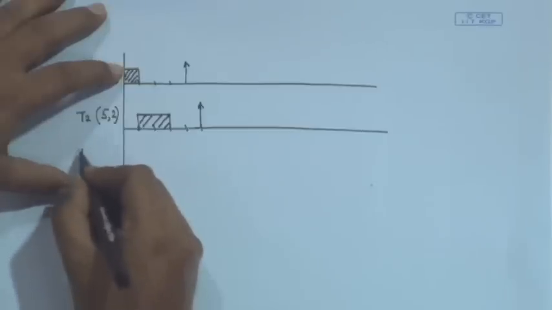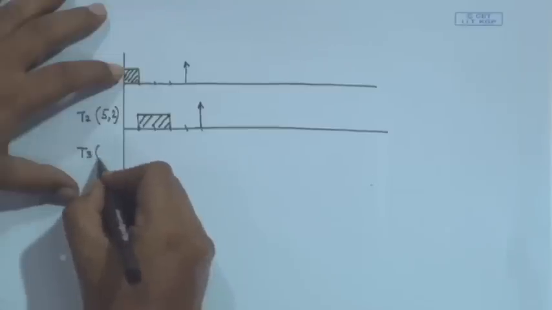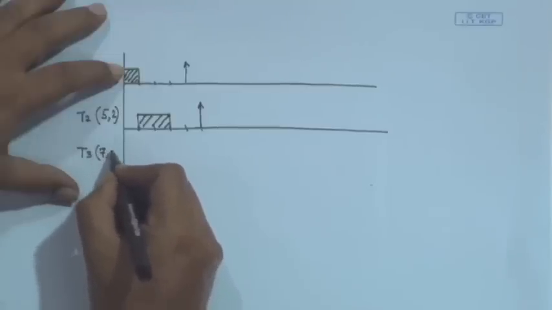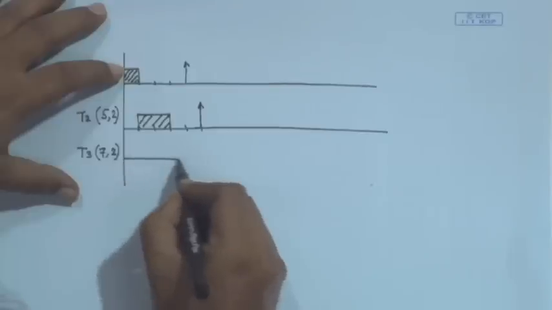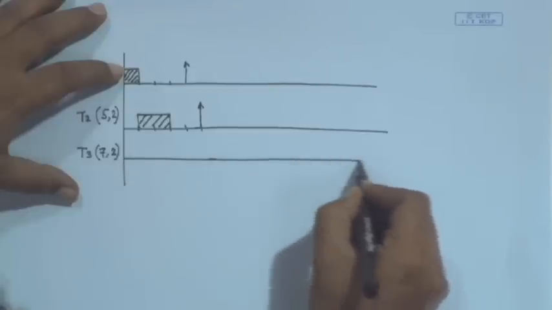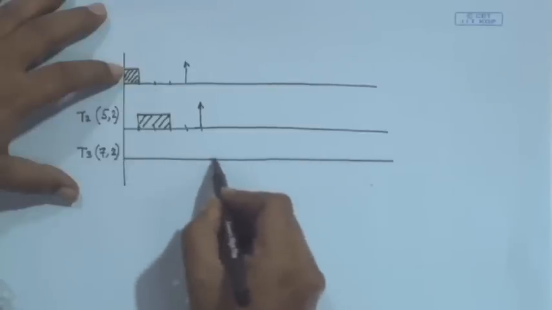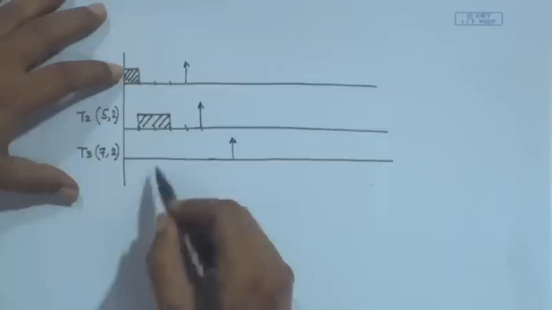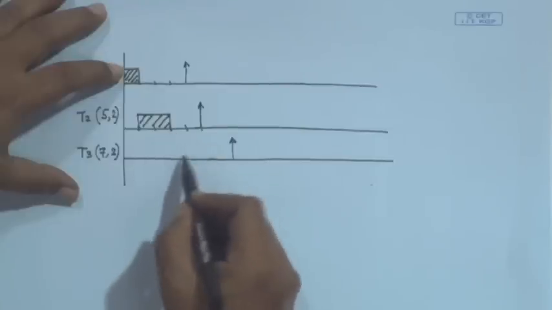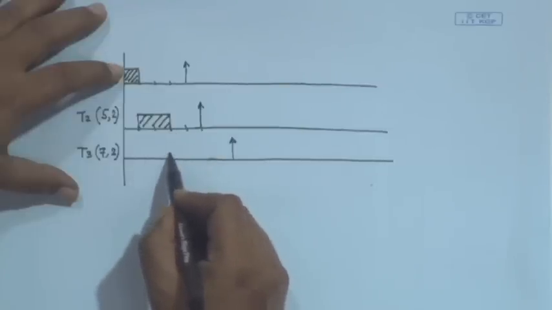Now, task T3, which requires 7, its period is 7, therefore 5, 6, 7. Now, this can be started here.